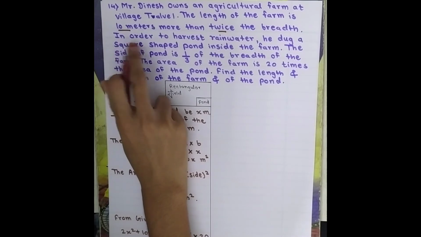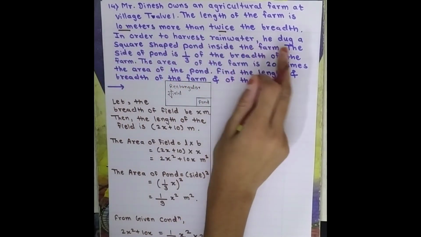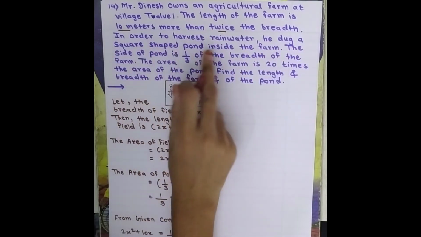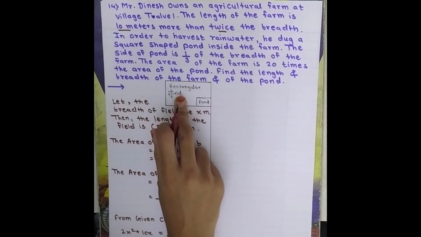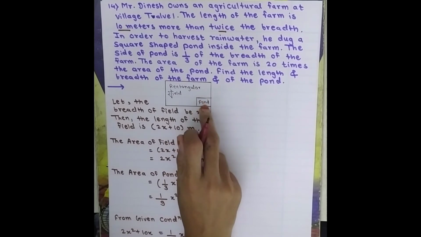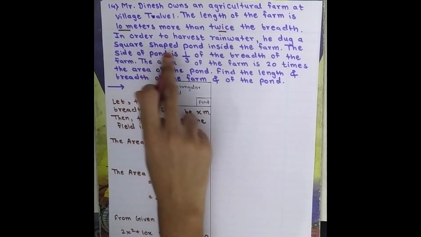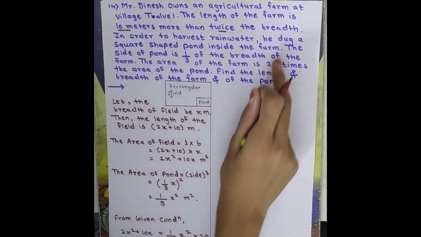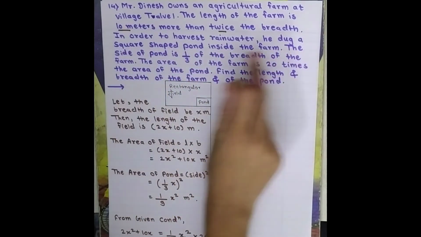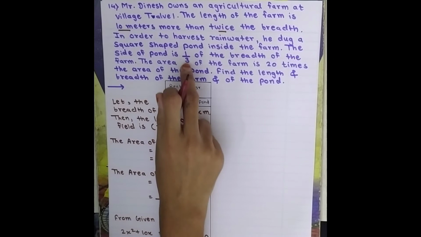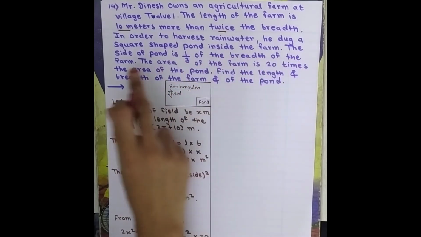Next, in order to harvest rainwater, he dug a square shaped pond inside the farm. Inside the rectangular farm, he dug one square shaped pond. The side of the pond is 1/3 of the breadth of the farm.